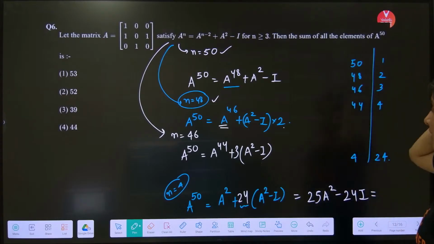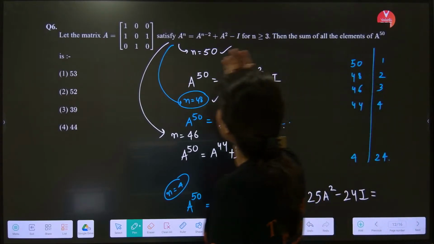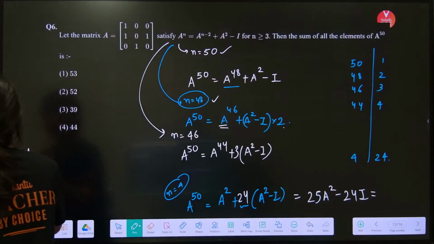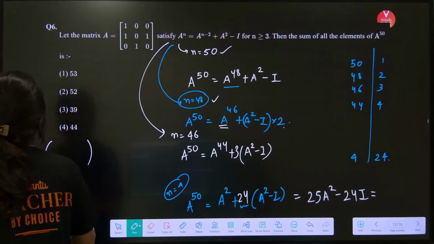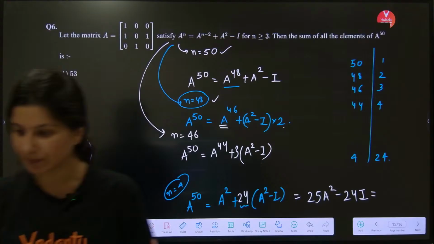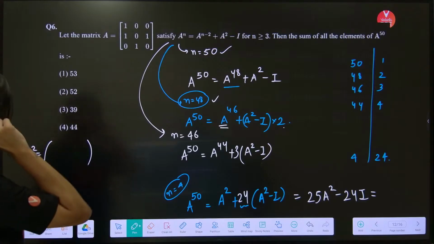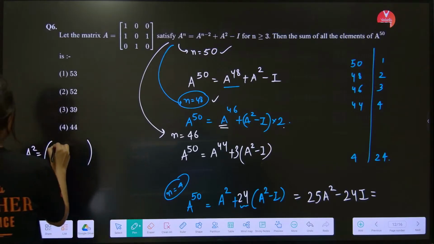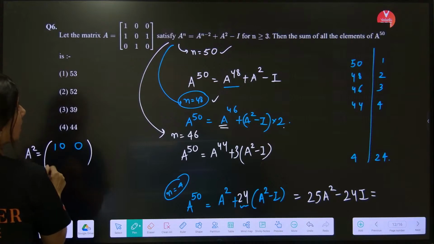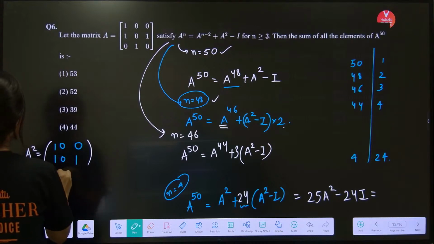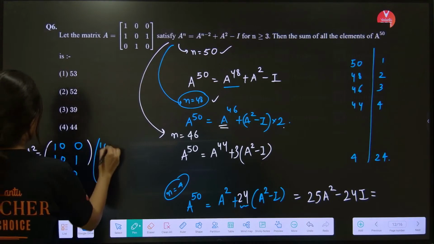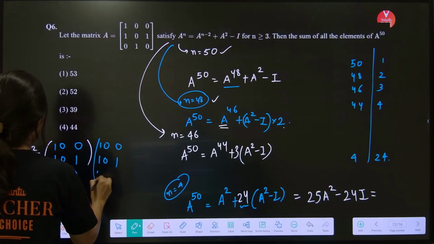25 A square. So what you can do is, now A square you can calculate. Okay, just calculate A square. A square is 100, 101, 010, times 100, 101, 010.